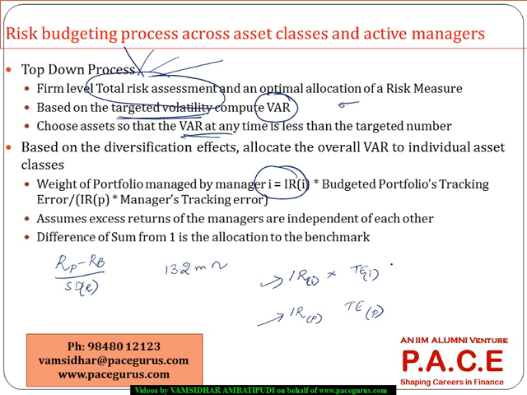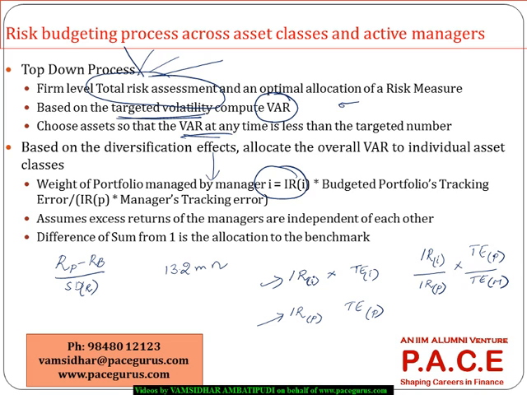And what we are saying is the weightage to each manager is nothing but you take the information ratio of the manager divided by the information ratio of the portfolio. You multiply it with the tracking error of the portfolio divided by the tracking error of the manager, right?